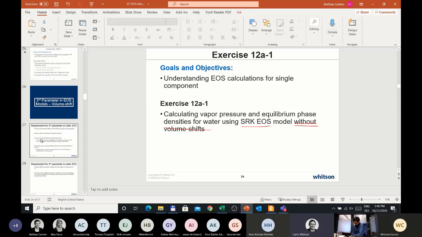The SRK came earlier than the Peng-Robinson, even though it was only a few years earlier.